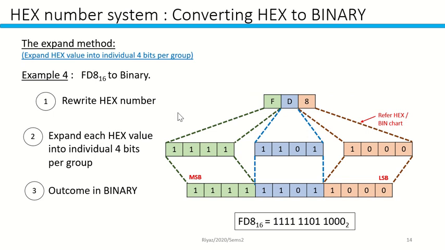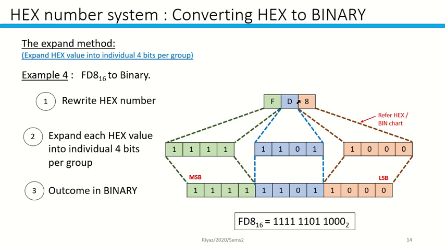So the next one is going to convert back from hexa to binary. It's some sort of a reverse of this, but easier. So let's say you have a question FD8 to the power of 16, hexa to binary. First you write out this particular hexa number in this particular order.